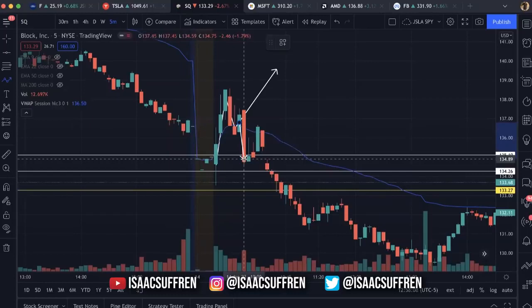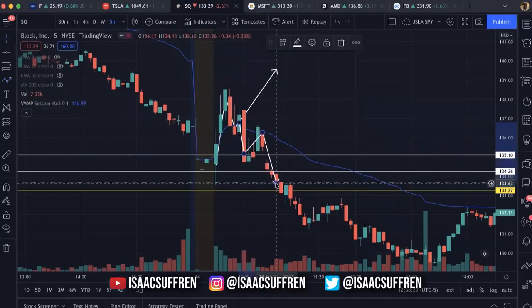Look how it bounced off of the pre-market high. You can see that we had a move up, then couldn't retest, broke under VWAP, couldn't bounce off of VWAP, bounced off of our pre-market high level, before rejecting off our VWAP.